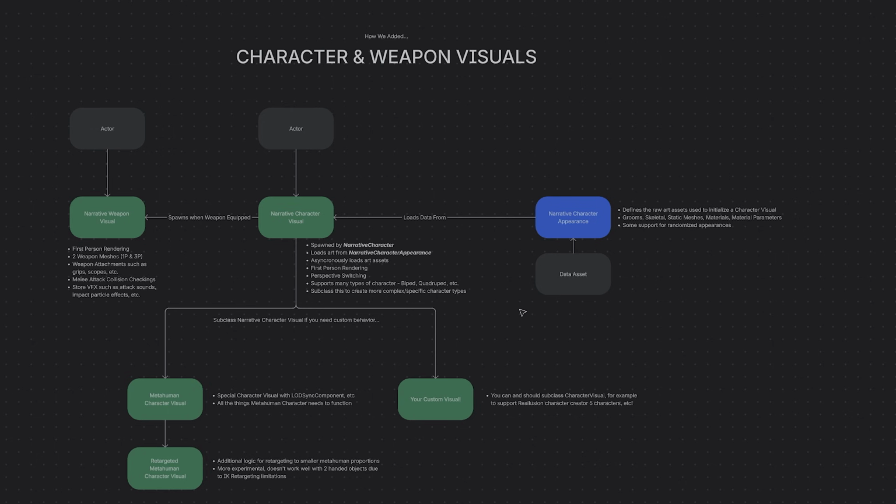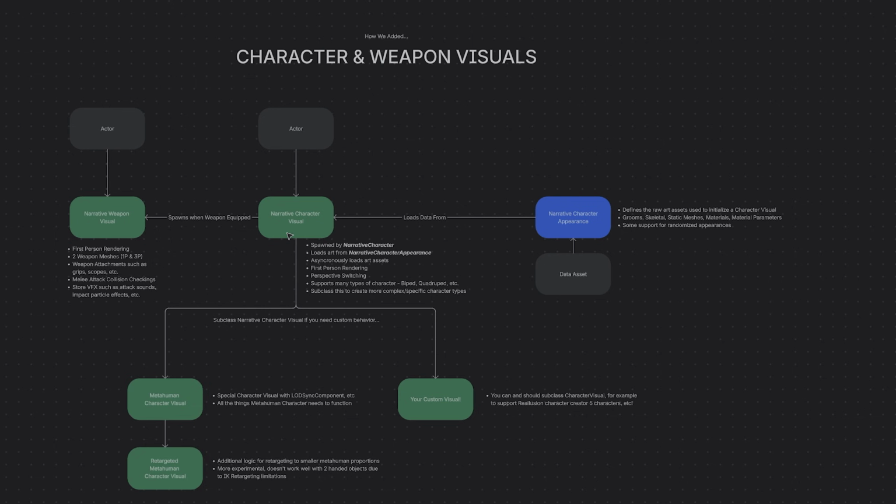The visual will asynchronously load all of the appearance data in the asset, and this is very smart because a common noob mistake is to not asynchronously load the character art, and your game will stutter and hitch really badly. But we will asynchronously load that in and add it to the character visual.